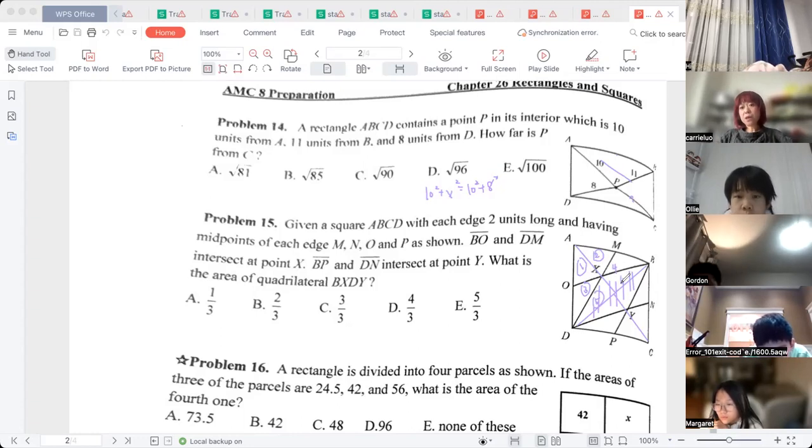Because ABD is a right triangle, and O is a midpoint, M is a midpoint, and we just say this one is A, B, C, D, E, F, G, M, C, D, E. We just see this E. So this E is also the midpoint. If we connect each of the vertexes with the opposite sides' midpoints, we will have the X in the center and all of the triangles with the same area.